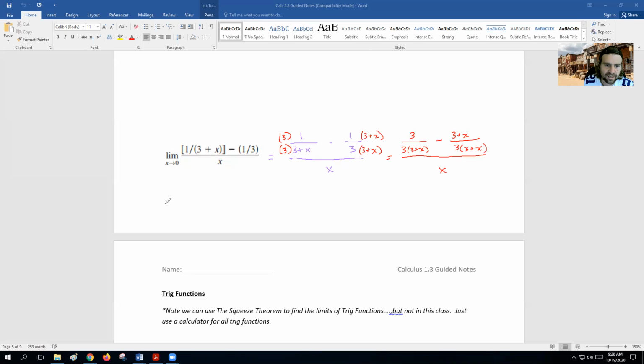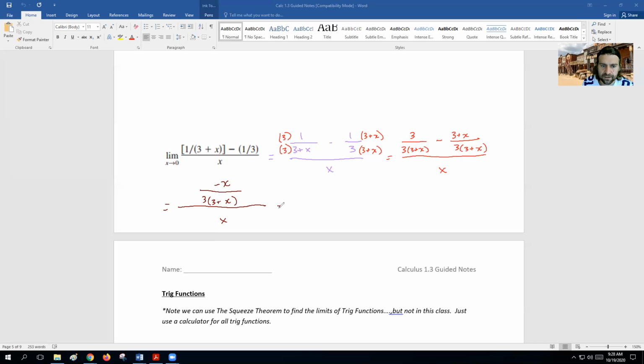Now that I have common denominators, totally ignoring the x again, I could combine those into one fraction. And let's see, 3 over 3 plus x. I could simplify this. I could combine 3 minus 3 plus x. So the 3 minus 3 goes away, and I'd still just have the minus x. So I'd have a negative x left over.